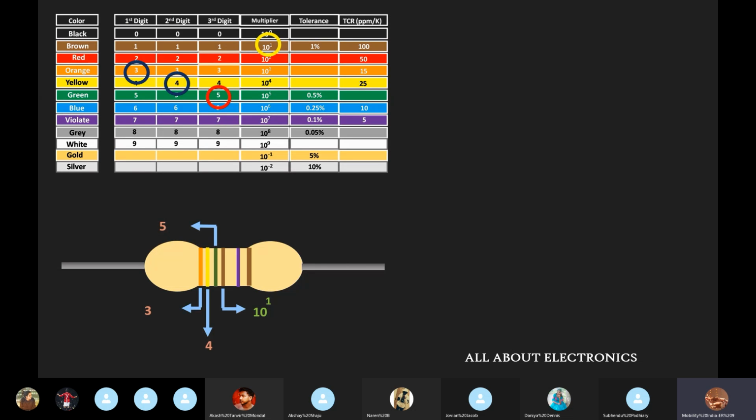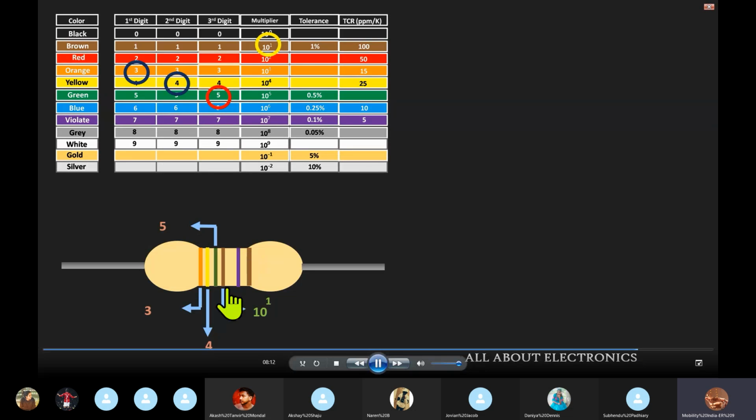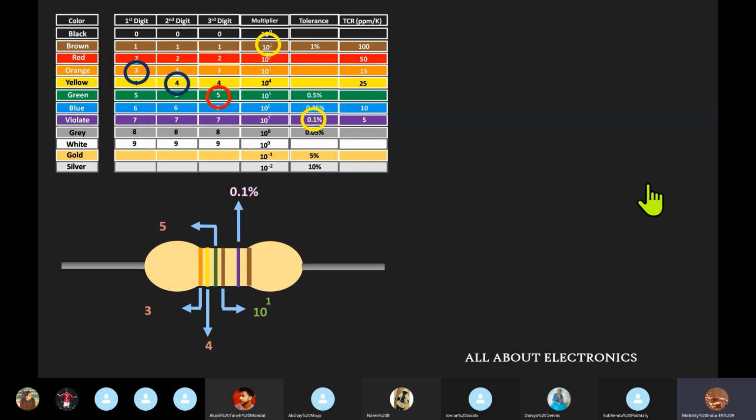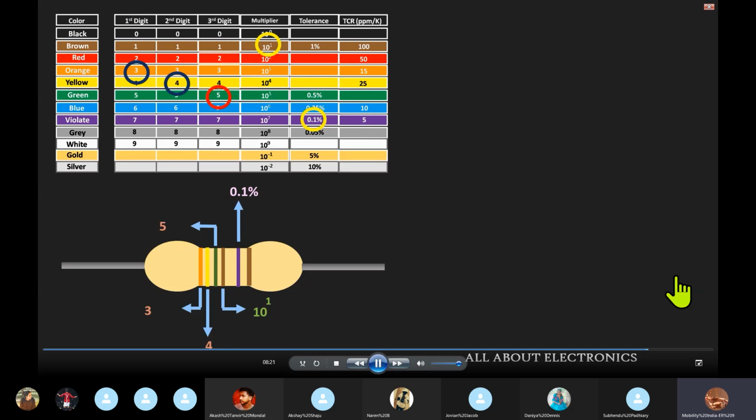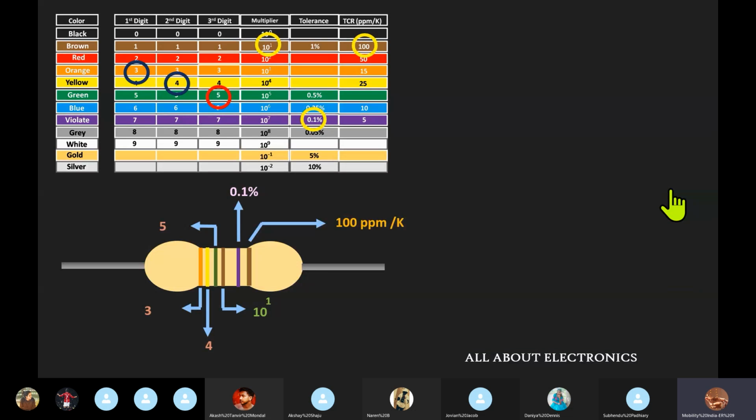If we move to the next color band, from this we can find the value of the tolerance, and the fifth color band is of violet color, so it represents the tolerance value of 0.1%. And then the last color band is of brown color, so it defines that the temperature coefficient of resistance for the given resistor is 100 ppm per degree Kelvin.